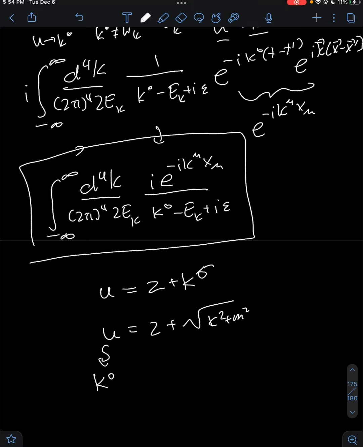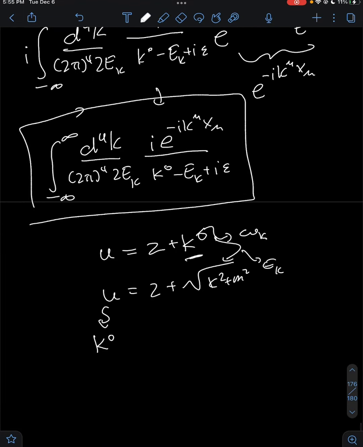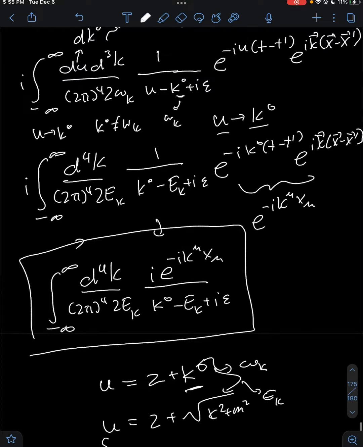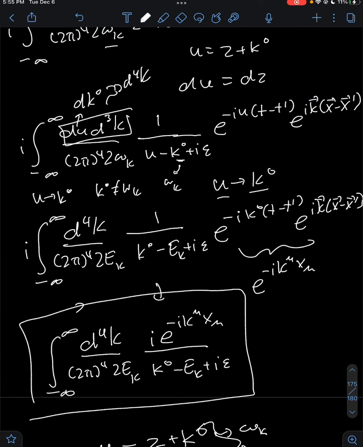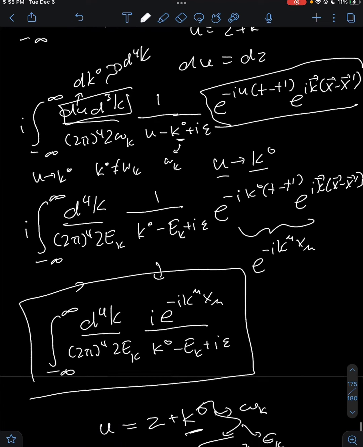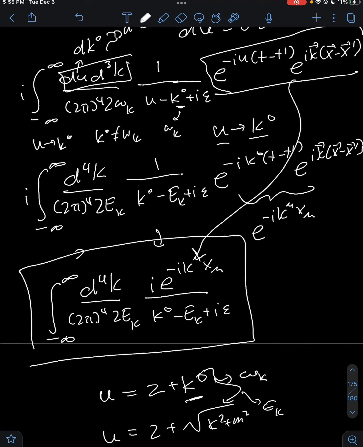This means that the original k naught has to be relabeled as well, to something more specific like the square root of k squared plus m squared, or Ek, or omega k, whichever you choose. Basically, if we exchange the 4-vector k mu, which is k naught and the 3-vector k, for u and the 3-vector, that allows us to combine these together in an elegant way to get this over here.